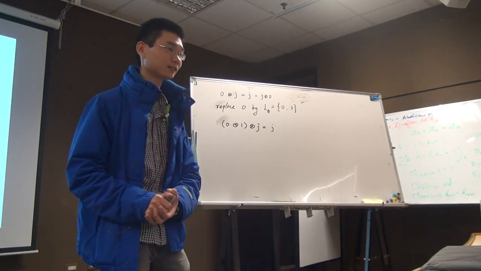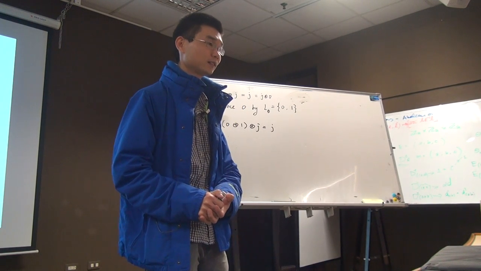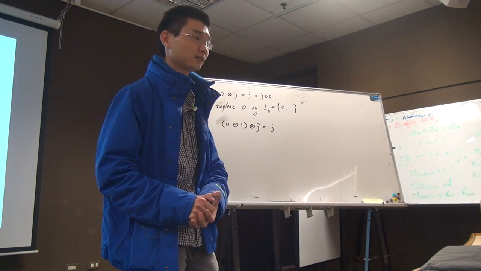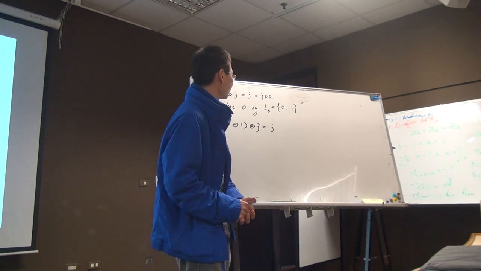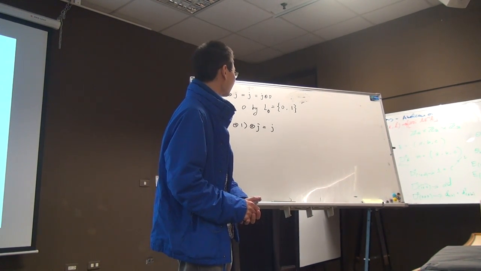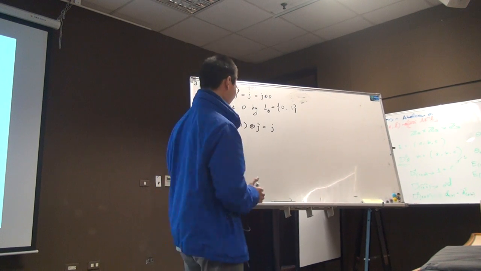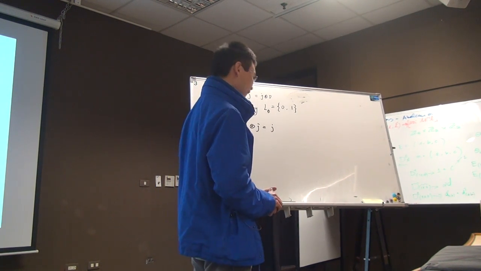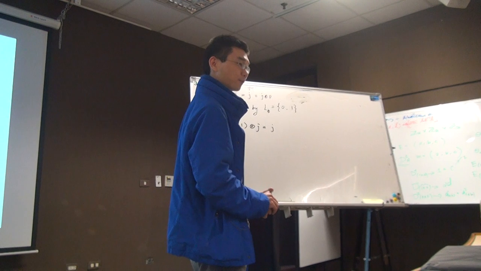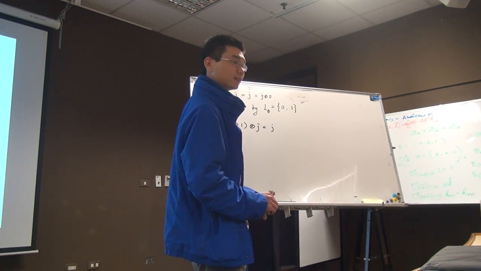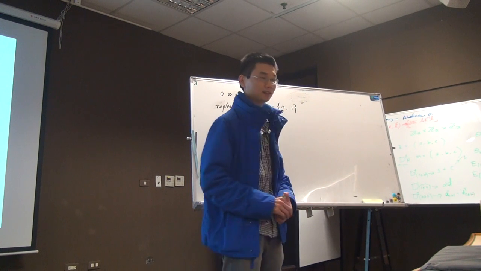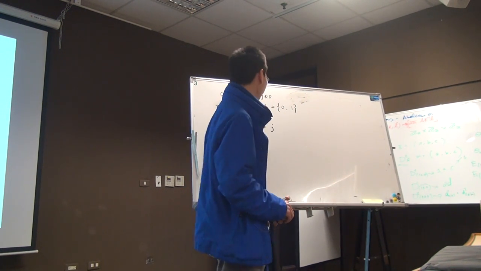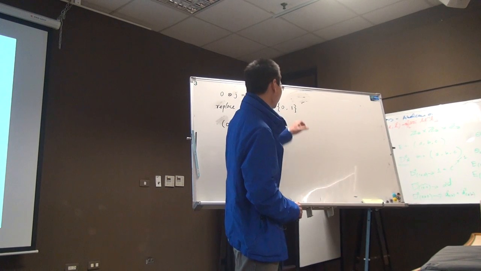But A tensor with its dual should include L0, right? There's still a definition of inverse, right? Yes. So A tensor A-star should include one copy of this L0.